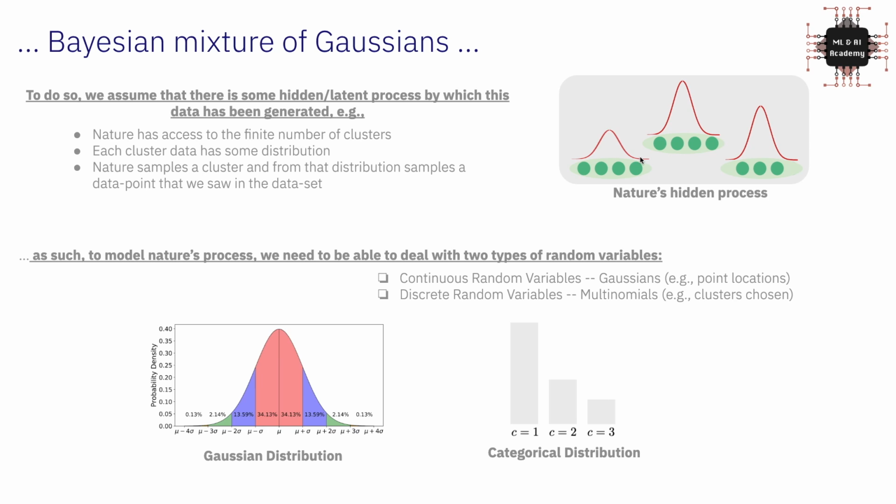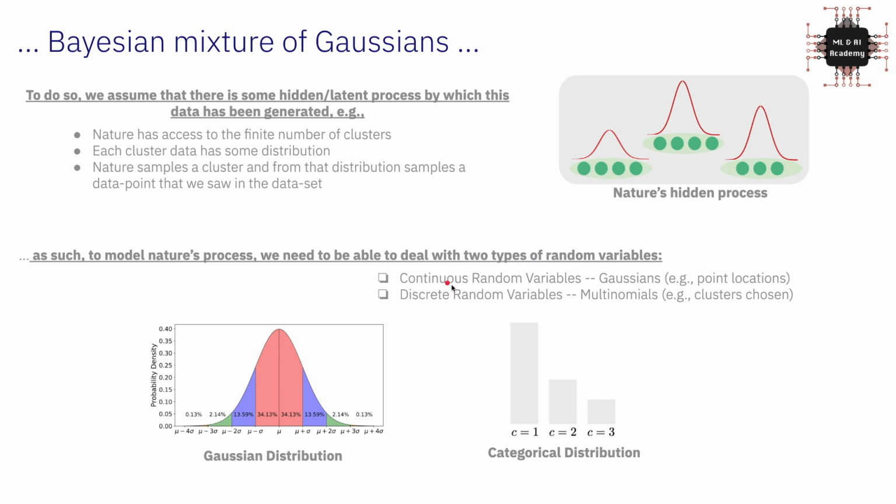Now, because we have 2 types of variables, we have the number of clusters, which is discrete, that's kind of what nature picks first. And we also have a continuous variable, which is the location of the point. We have 2 types of random variables to understand.